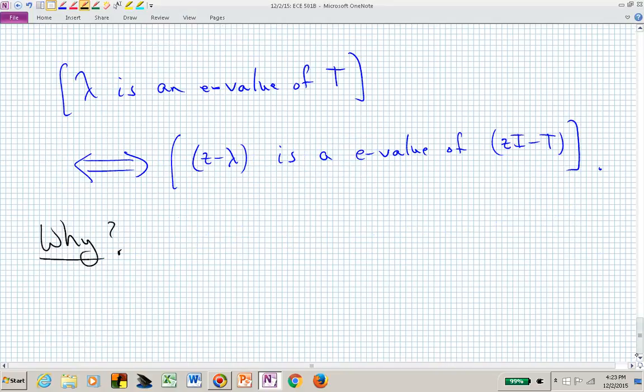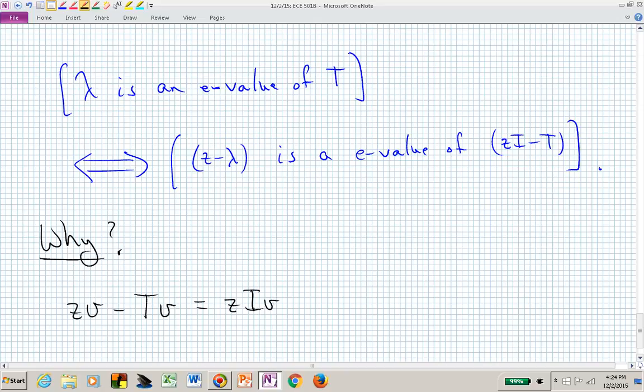And we simply have to do just a little algebra to show that that fact is true. Suppose that I start with zv minus tv, and I'm going to assume v is an eigenvector associated with the eigenvalue lambda. But now I can say that that's z times Iv.